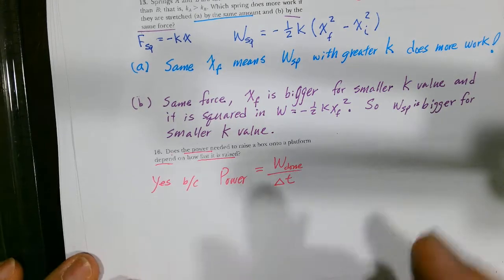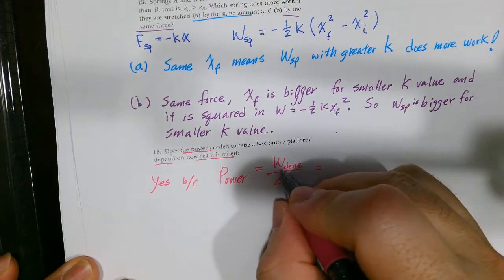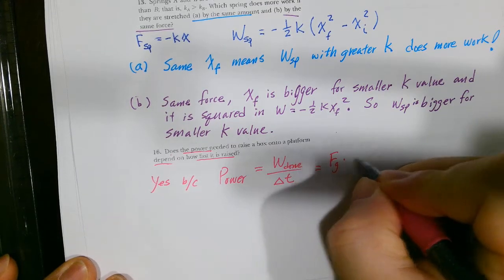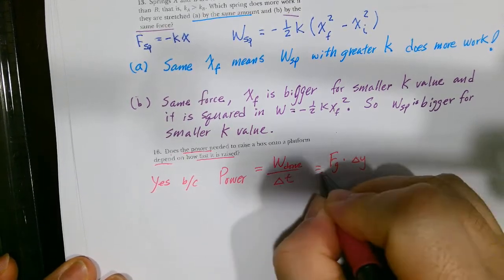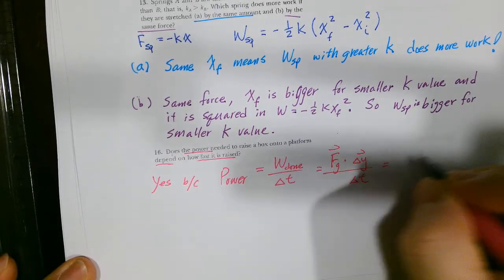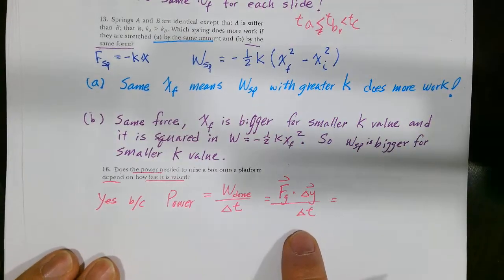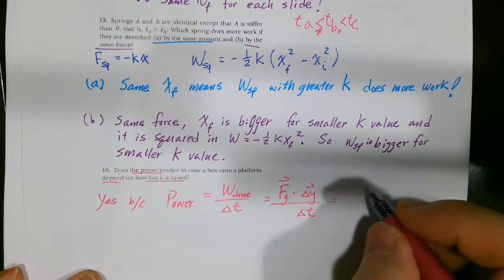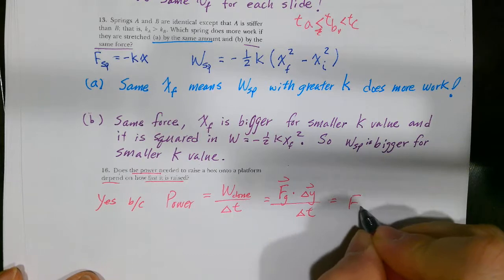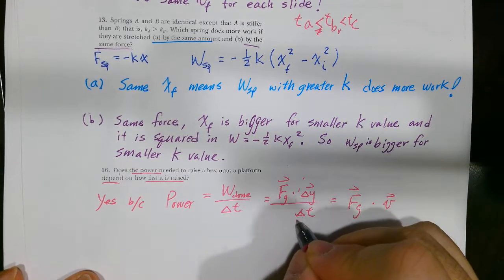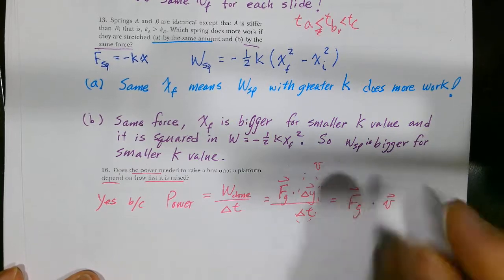So, if you think about it, work done is Fg dot delta y over delta t, right? And so it does depend on time, obviously. So if you want to even say Fg dot v, because this itself is a v right here. So how fast?